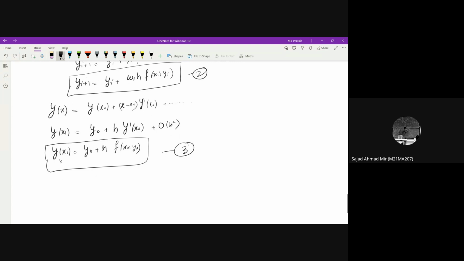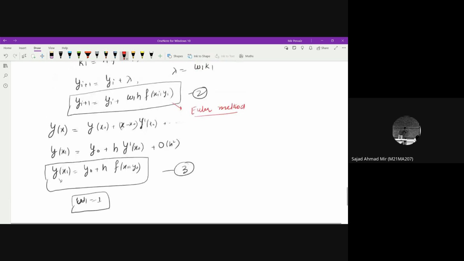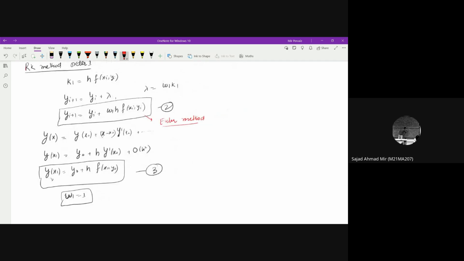If you compare the values, you will get your omega 1 as the value 1, which means your original method is just the normal Euler's method, which is using the slope at just one point. So the RK1 method is just the Euler's method. Is it clear why RK1 is Euler's method?